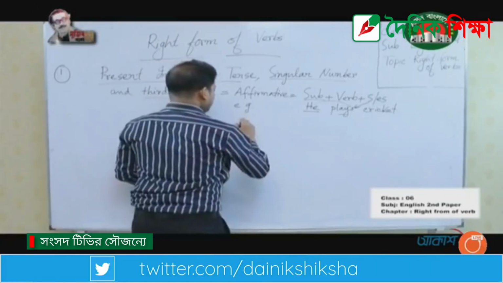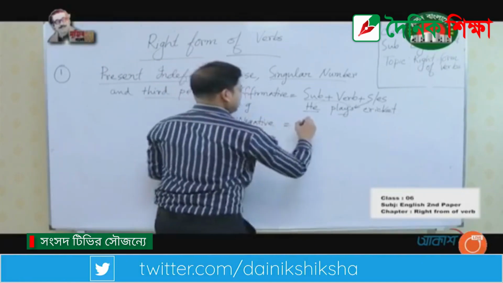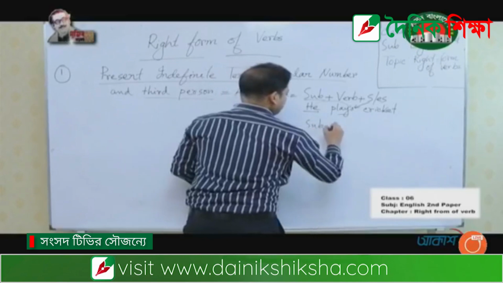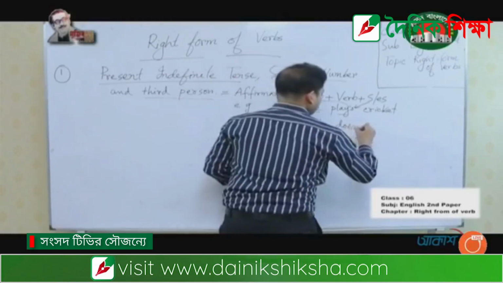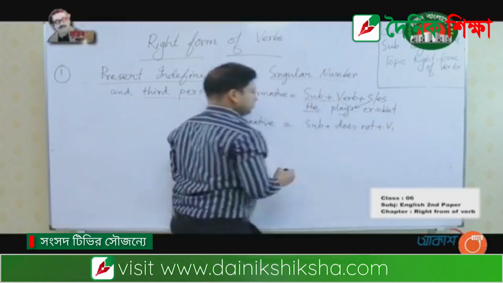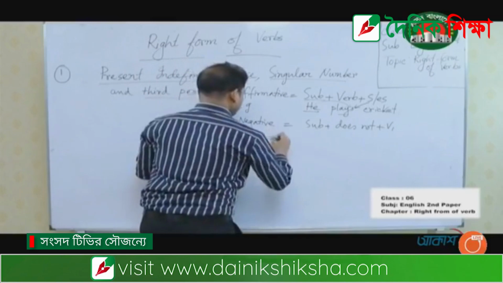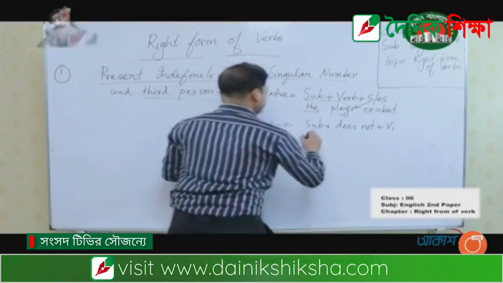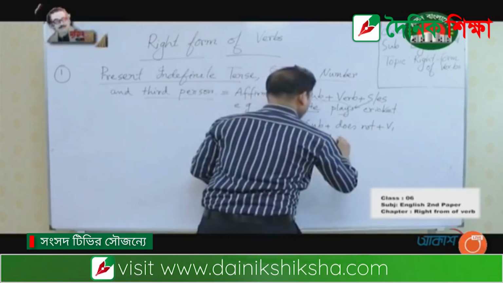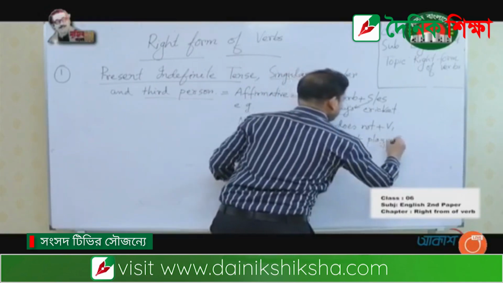If it is a negative sentence, then subject plus does not plus V1. V1 means the base form of the verb. Then the example is, he does not play cricket.